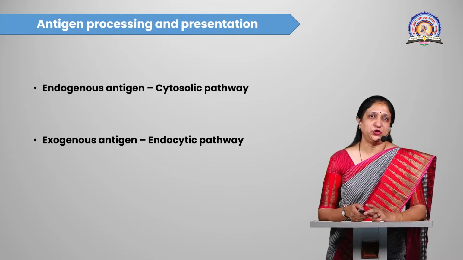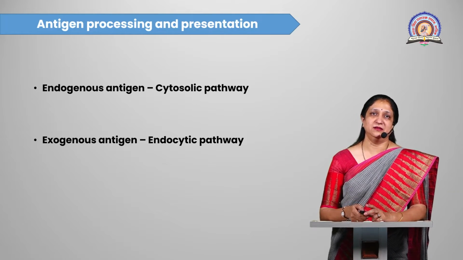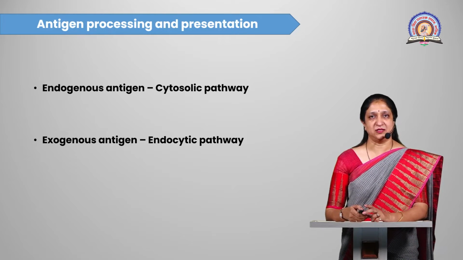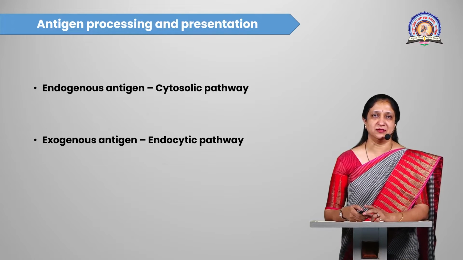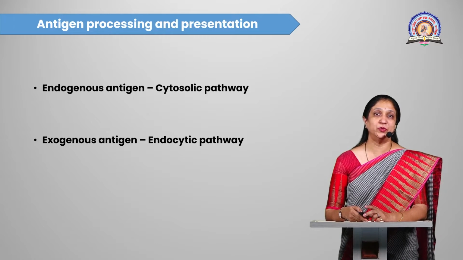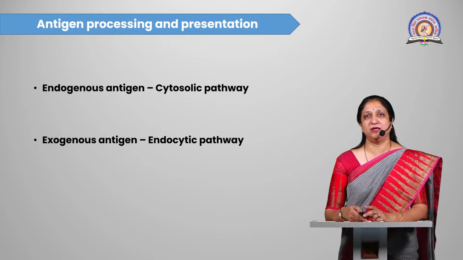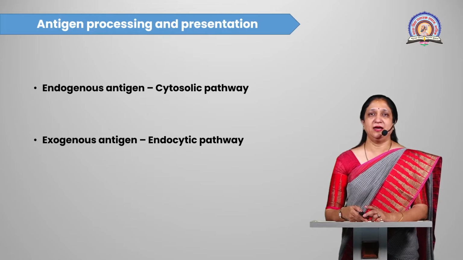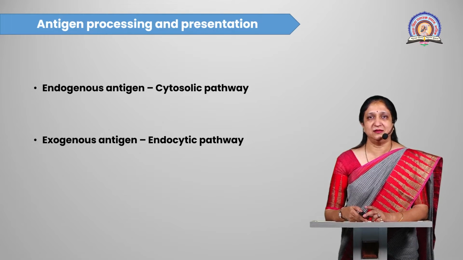Depending upon the nature of the antigen that is present, there are two different pathways by which the antigen is processed. If the antigen is an endogenous antigen, that is, produced within the body, then such an antigen is processed via the cytosolic pathway, and the antigen is then presented to the T cytotoxic cells.